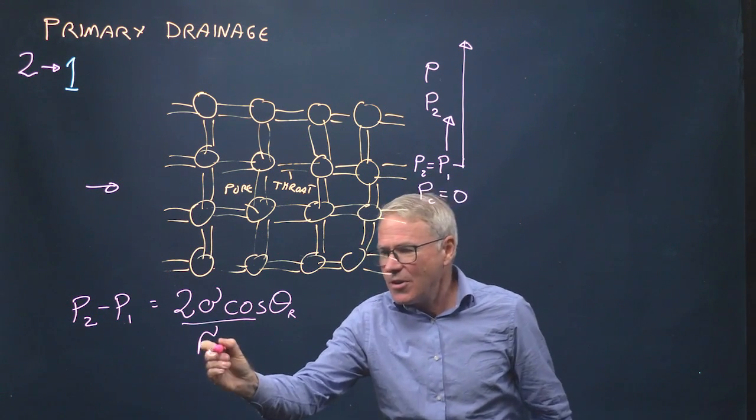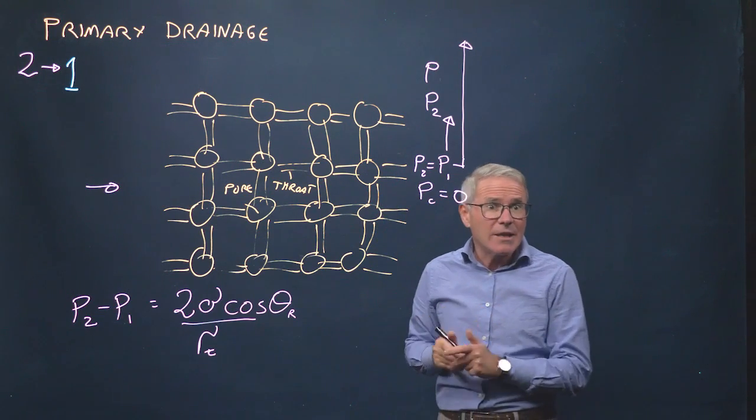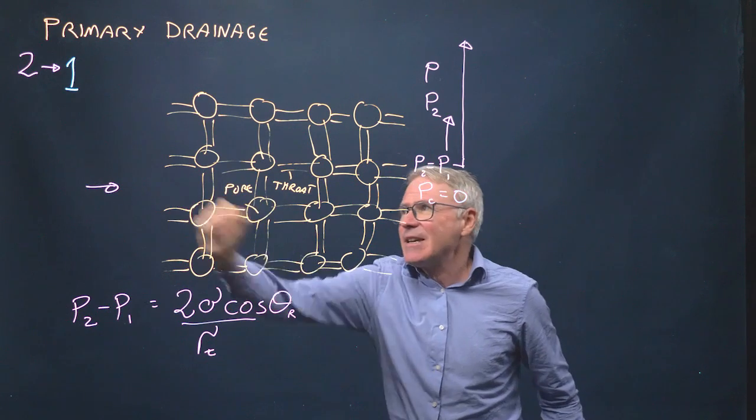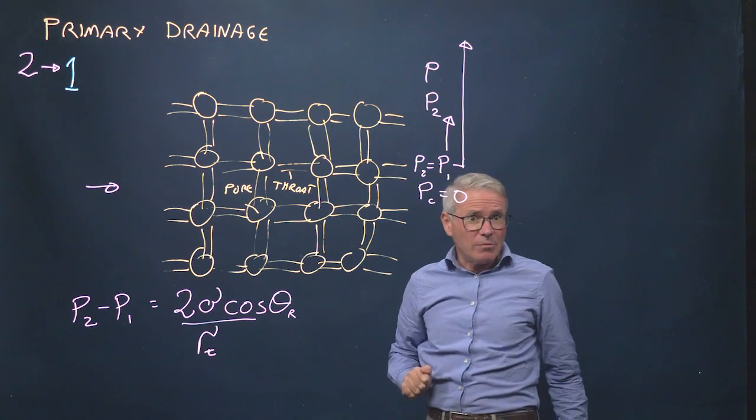Okay, so R_T. So roughly speaking, that is actually the capillary pressure, the pressure difference between the phases necessary for phase 2 to displace phase 1.